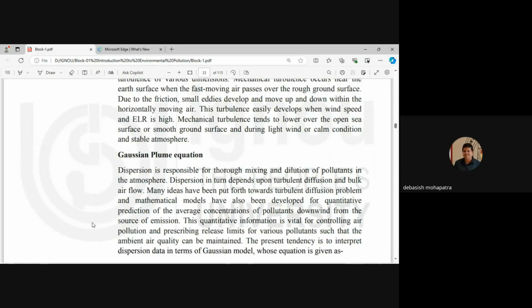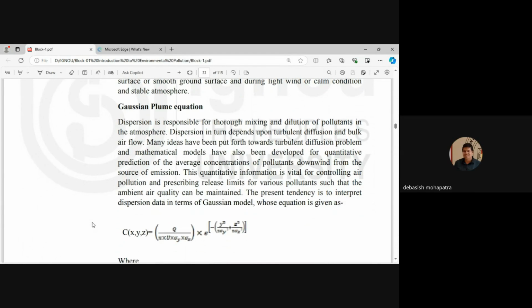Then Gaussian plume equation. The dispersion is responsible for the thorough mixing and dilution of the pollutant in the atmosphere. The dispersion is dependent upon the turbulent diffusion and bulk air flow. So many ideas have been put forth towards the turbulent diffusion problem, and mathematical models have also been developed for quantitative prediction of the average concentration of the pollutant downwind from the source of emission.